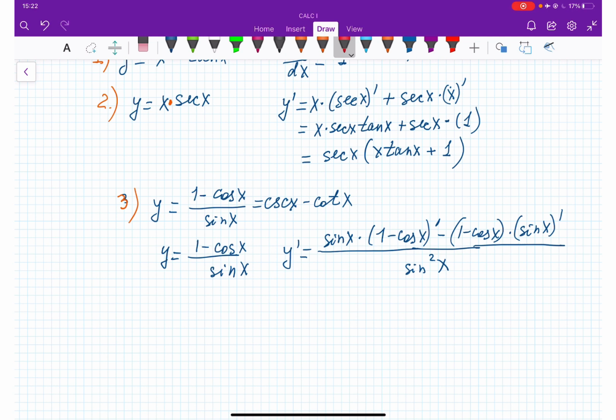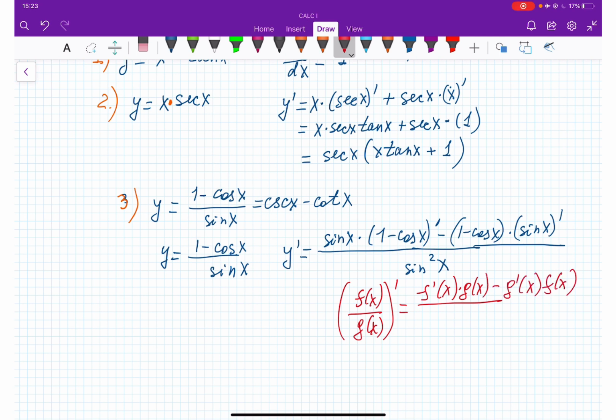If I have f of x divided by g of x, and I need to take the prime, that is equal to f prime of x times g of x minus g prime of x times f of x, and divided by g of x squared.